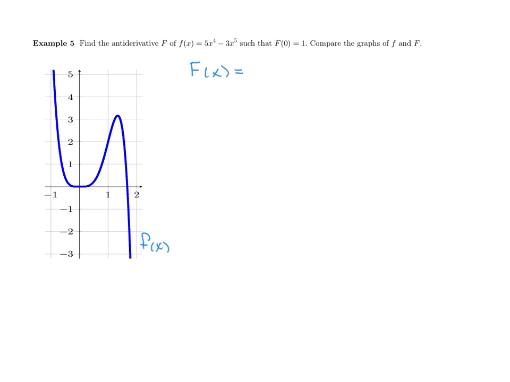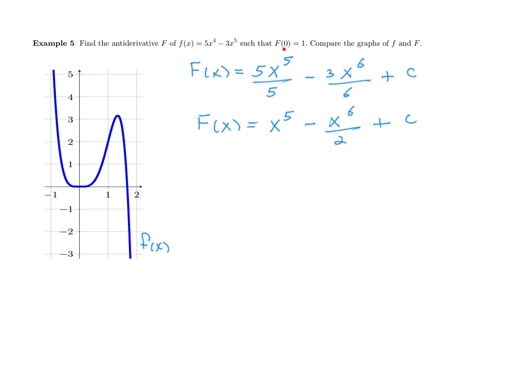So that is going to be 5x to the fifth over 5 minus 3x to the sixth over 6 plus an arbitrary constant c. And we can simplify this as capital F of x is equal to x to the fifth minus x to the sixth over 2 plus c.